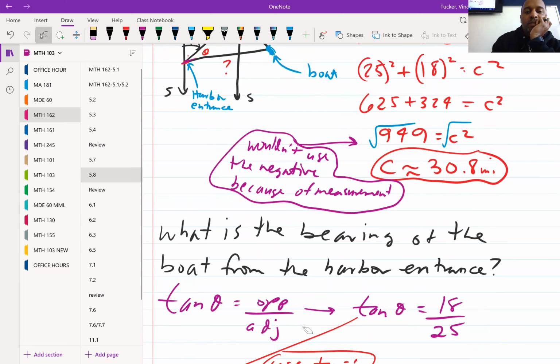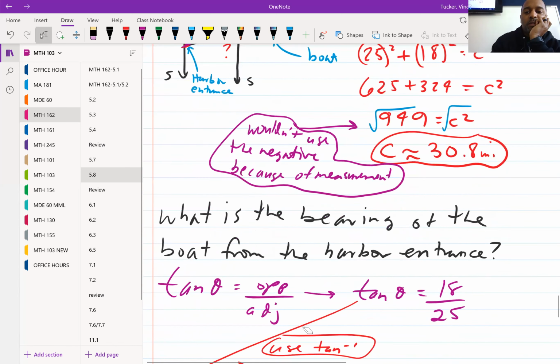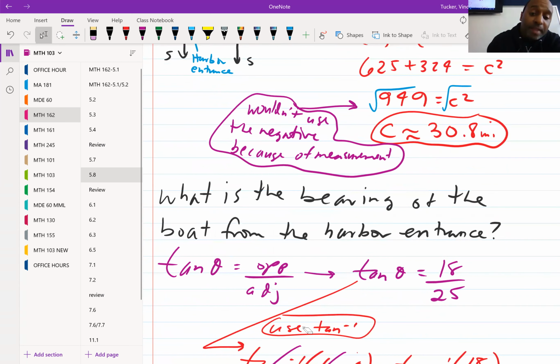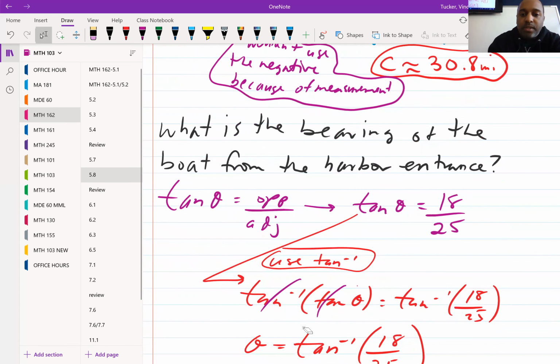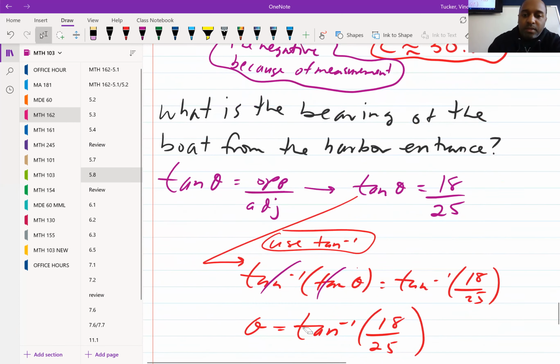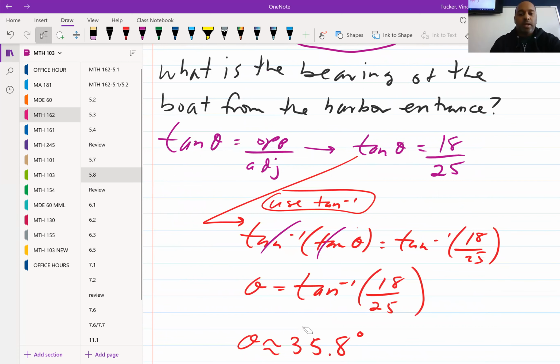So we use opposite over adjacent because we have these two pieces: 18, so tan theta is equal to 18 over 25. Use tan inverse in order to get theta by itself. And then tan inverse of 18 over 25 is 35.8 degrees.